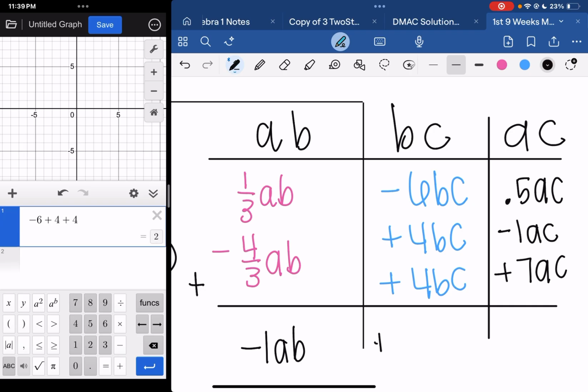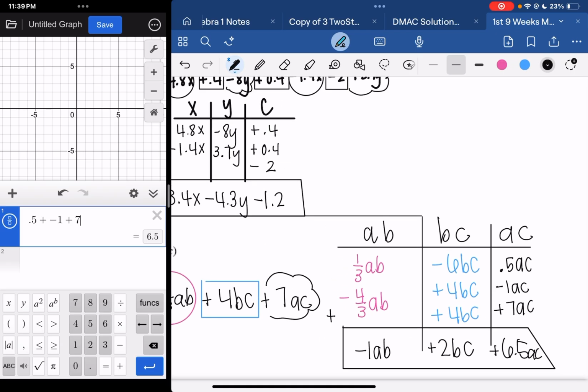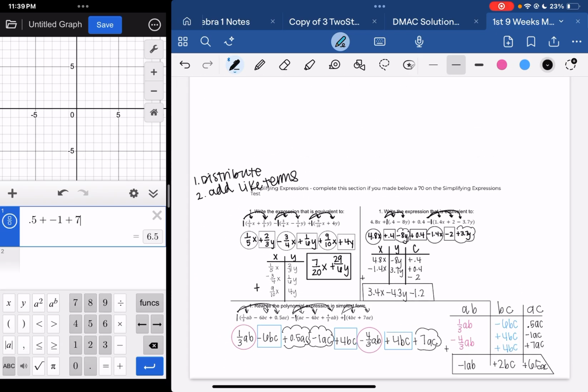So that's 2 BCs. Notice I'm putting plus 2 because it's positive 2. And then 0.5 plus negative 1 plus 7. So plus 6.5 AC. Okay, so that is my answer. I hope this helps. Good luck on your retest.